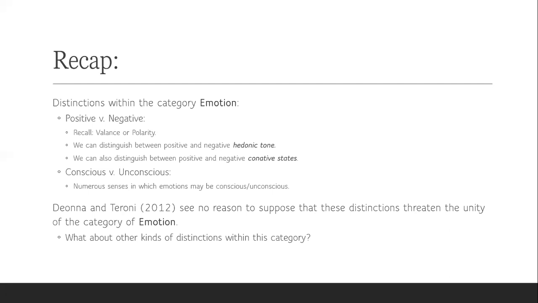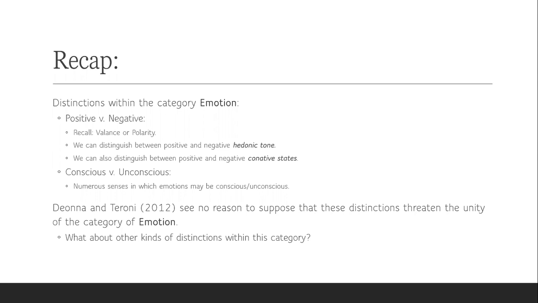We saw that we can distinguish between positive and negative conative states. Conative states are motivational states. Here, a positive emotion might be something that motivates you to continue having the experience that you're having. If, for example, you're happy because you're engaged in a fun activity, perhaps we can say that you are motivated to continue doing what you're doing so that you continue experiencing that affective state.